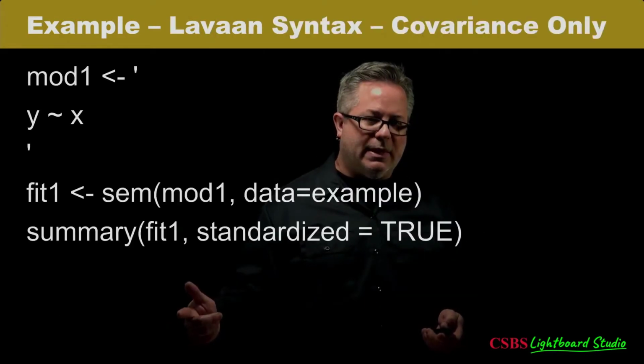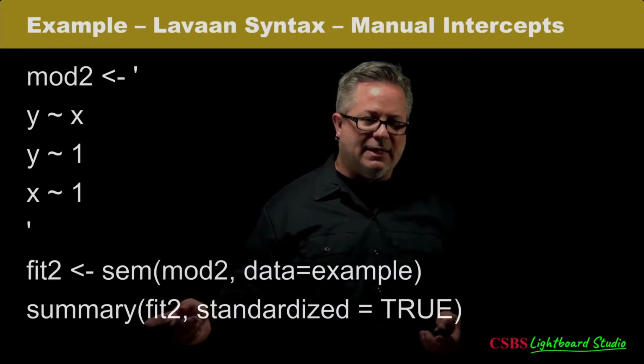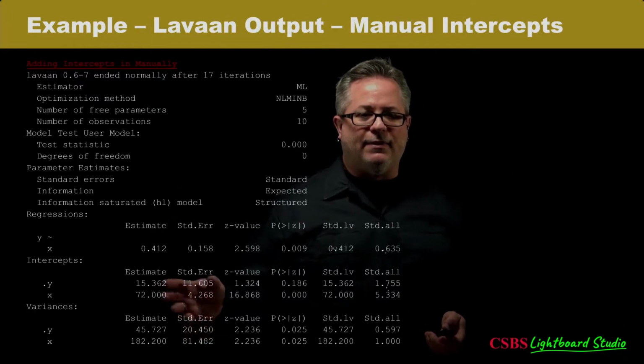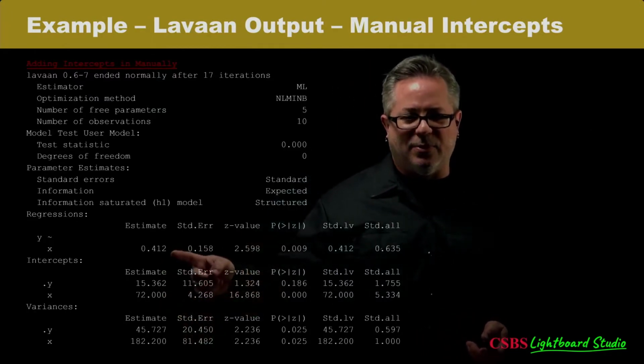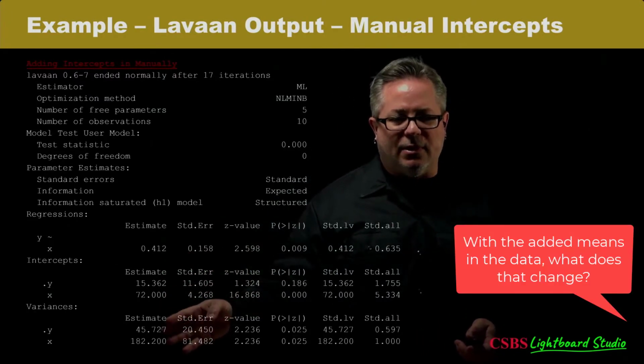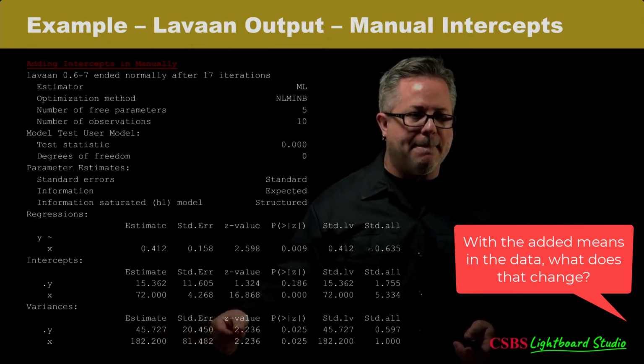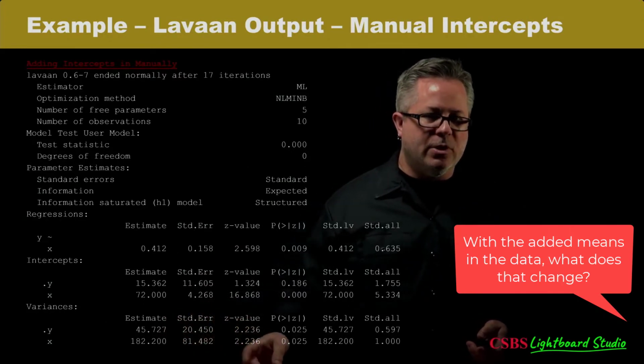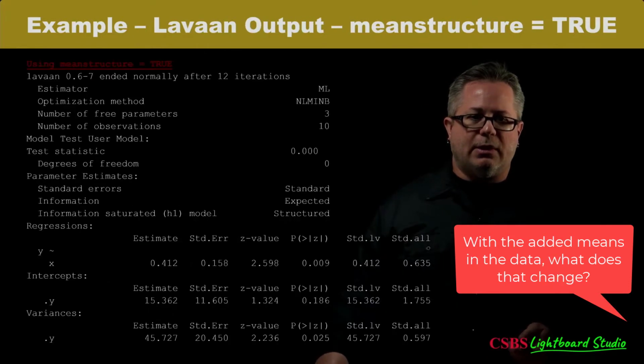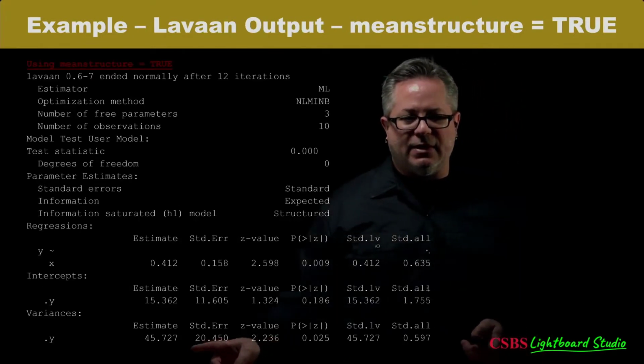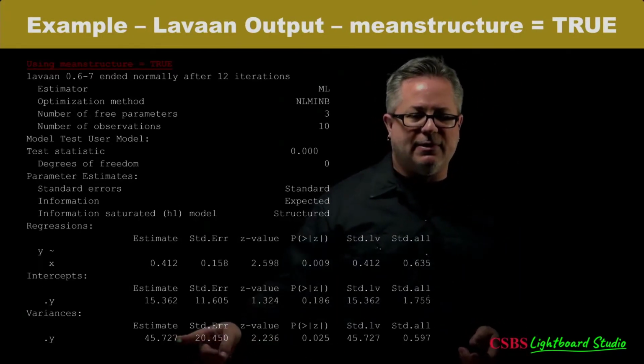The good news about that is because it's exactly at the mean for both of them, it has zero impact on the slope or the, well, what it does change is the estimate, say, for the variance.